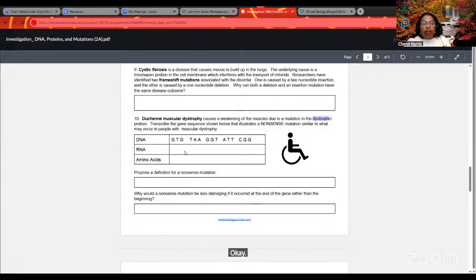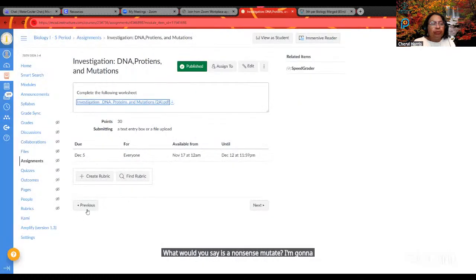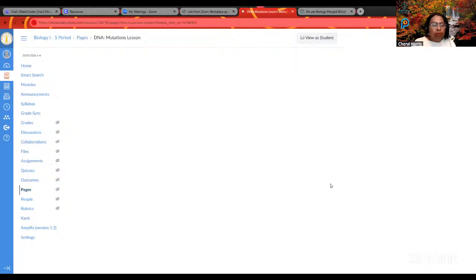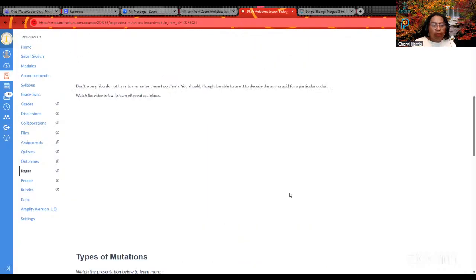All right. So it says propose a definition for nonsense mutation. And then you actually have a definition in your vocabulary. Nonsense mutation. What would you say is a nonsense mutation? I'm gonna close this for a minute and go back over here. You don't have to make one up. Okay, that's a good way to put it.